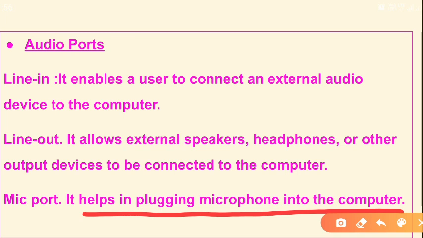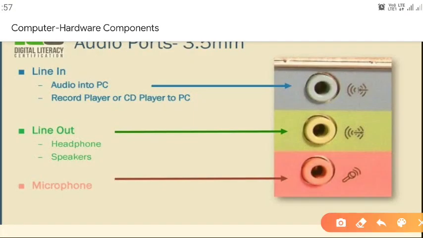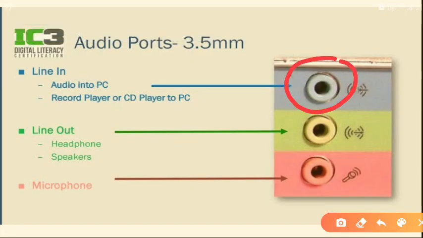A microphone is a device which is used to record your voice into the computer. Right now I am recording my voice into the computer, so I am using a mic, which is connected to the mic port of my computer. So these are the three types of ports that are available. See, this is the line in, through which we can send audio into the PC.